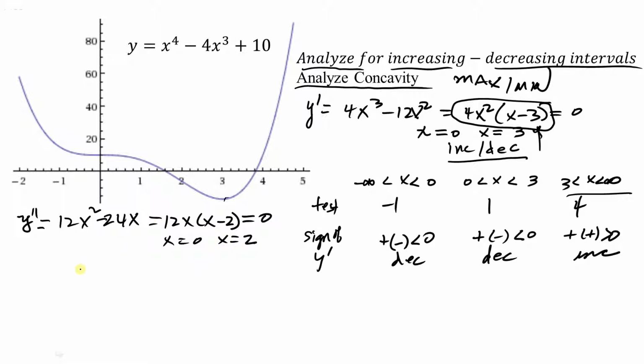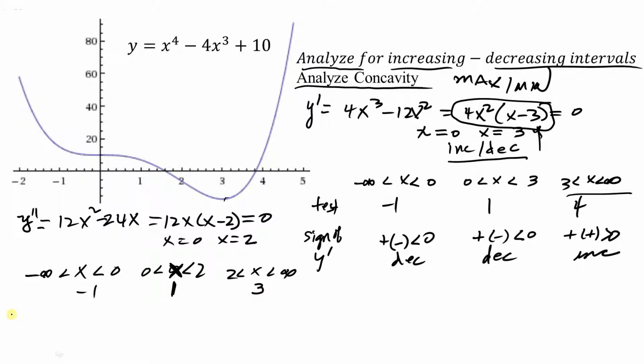So now let's test this from minus infinity to 0, from 0 to 2, and from 2 to infinity, and pick our test points, which would be minus 1. By the way, this is x between 0 and 2. The test point would be 1, and the last test point would be 3.